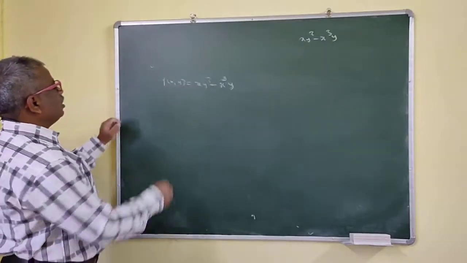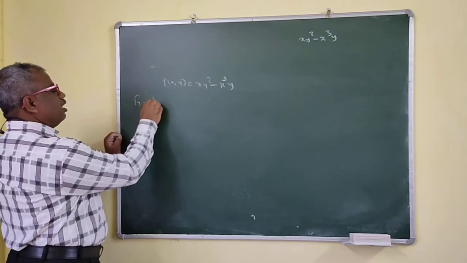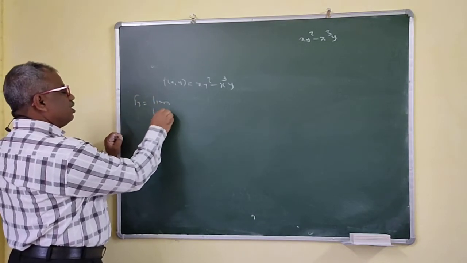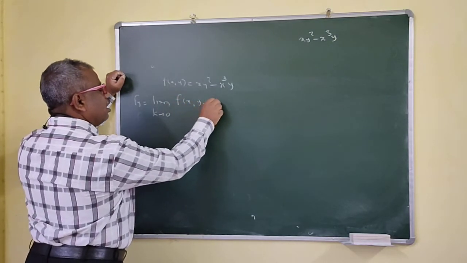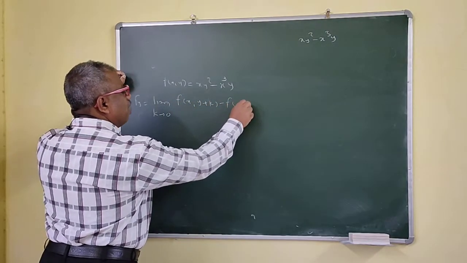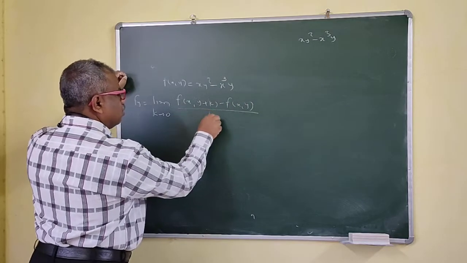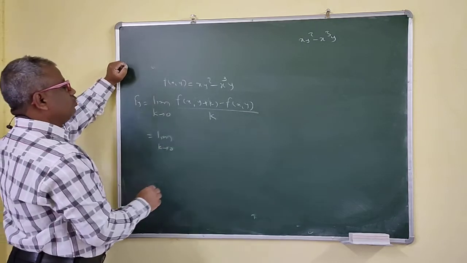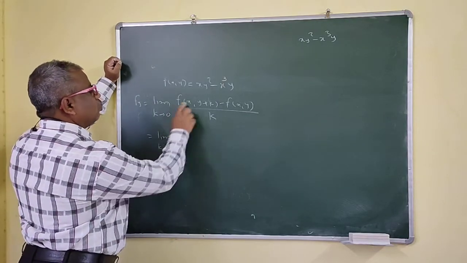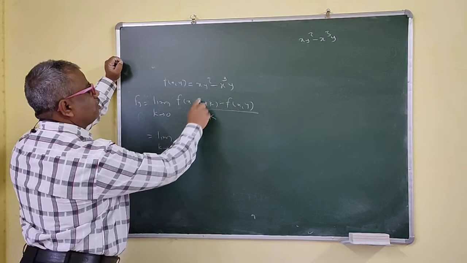Okay, so this is your function. We write the formula for fy. So this is limit k tends to 0, f of x, y plus k, you have to increase your y coordinate by k, minus f of xy, upon k. So you have to replace y with y plus k now.